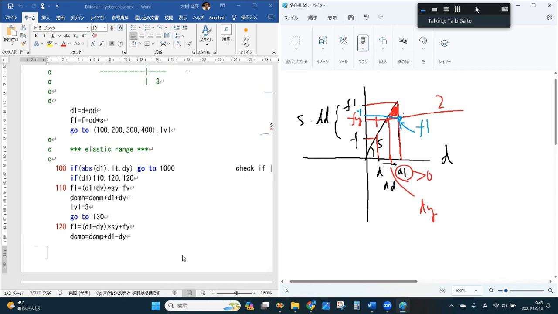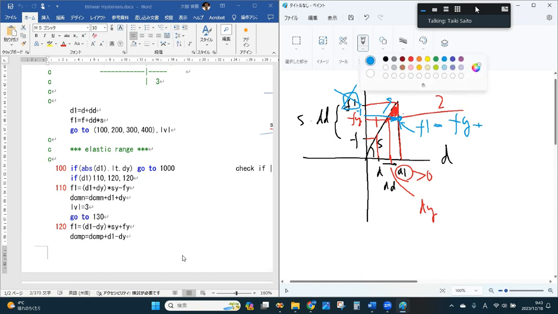F1 is not here. It's wrong because it's over. So F1 is Fy plus this second slope.